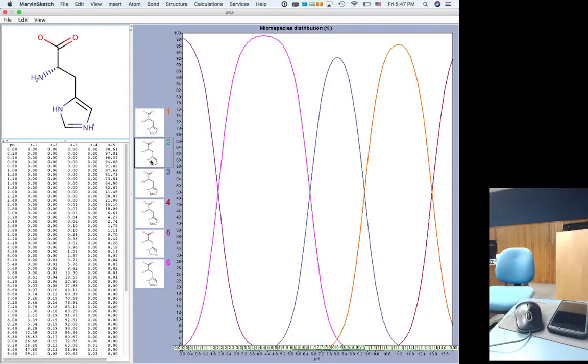And this program cannot predict it, but it can happen in certain environments in proteins. It has been measured by NMR, but because a carbon shouldn't gain or lose protons, it's not predicted by these calculations, by these models. So, does it make now a little bit more sense what happens with histidine? That it starts being a positively charged molecule, becomes neutral, and then becomes negative? Well, I hope it does.